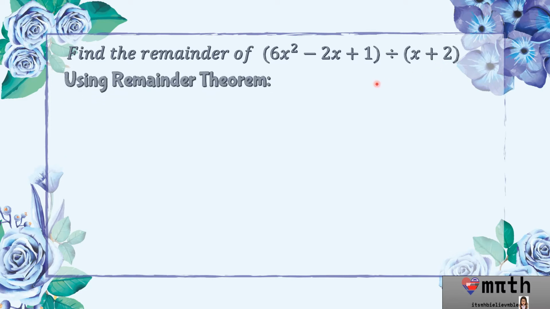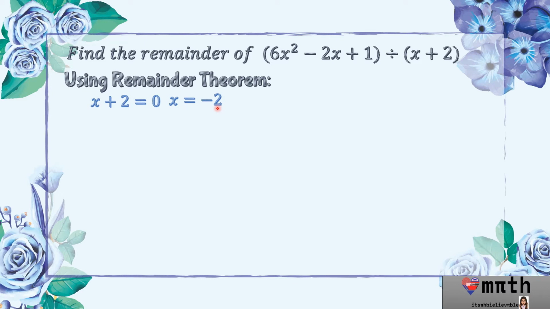Using the remainder theorem, we need to get the value of r, wherein we equate x plus 2, the divisor, equal to 0. As we equate x plus 2 equal to 0, we are able to get the value of x, which is equal to negative 2.